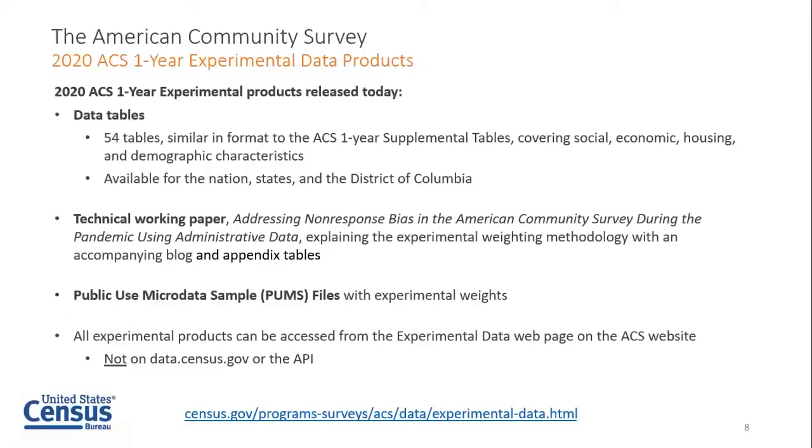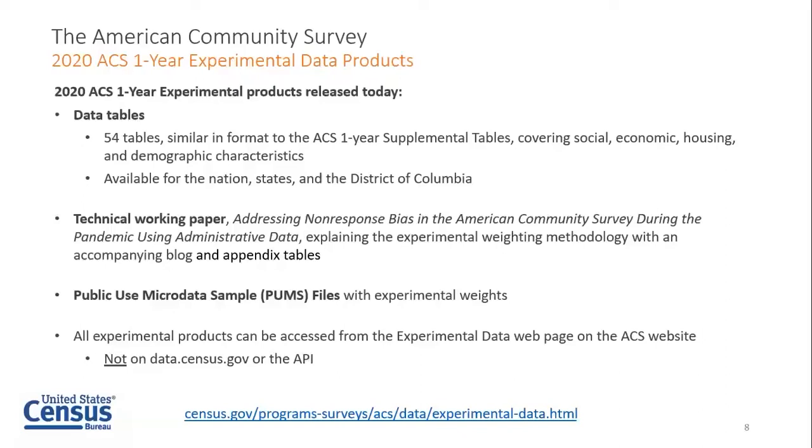And finally, we also released the 2020 ACS public use microdata sample, or what we call PUMS, file for the experimental weights. All of the products released today can be found on the experimental data page on the American Community Survey website. The URL for the page is at the bottom of this screen.